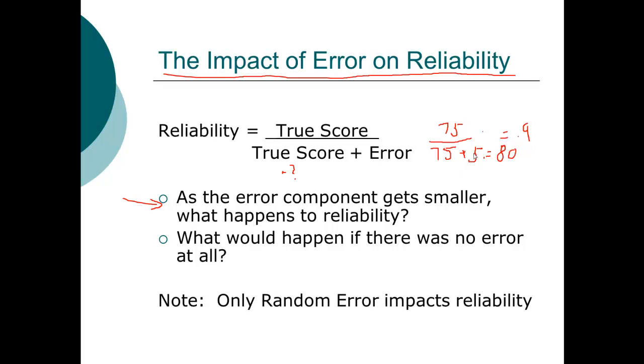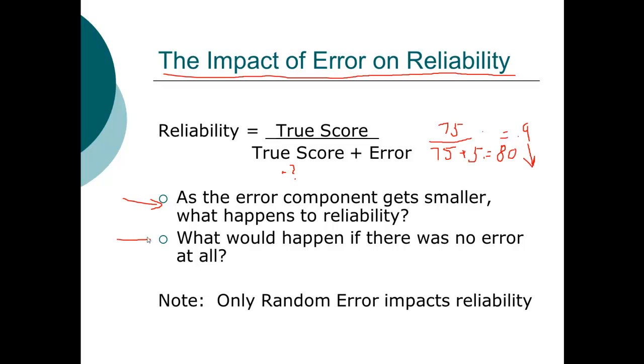If this goes to 4, this goes to 2, aren't we getting closer to 75? If it was 0, if it was perfect, it would be getting higher, into the high 90s. If the error is bigger, then this number gets bigger and this number starts to drop big time.